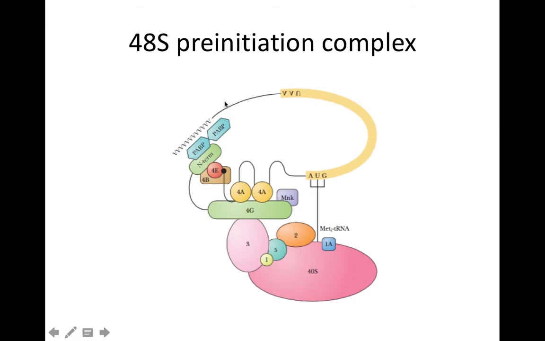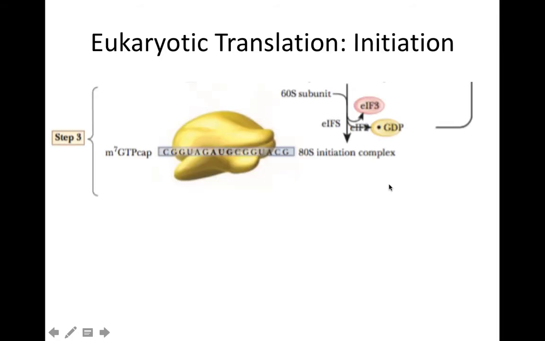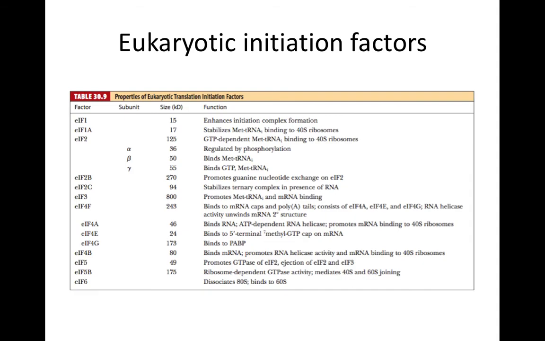Basically, they are trying to rotate or pull through the mRNA until you find the start codon, which will bind to your initiator tRNA. Once that is done, that's when the 60S or the large subunit comes in to form your 80S initiation complex.